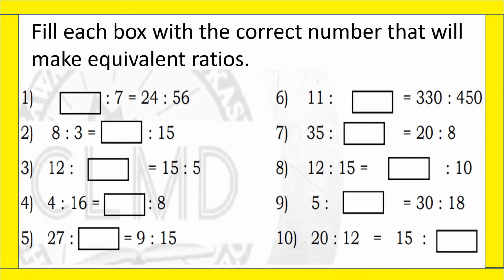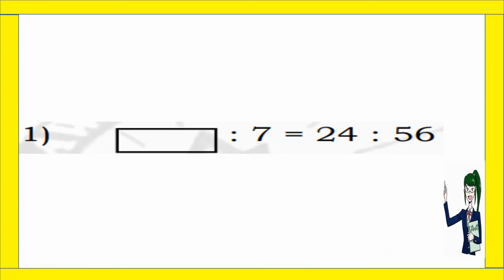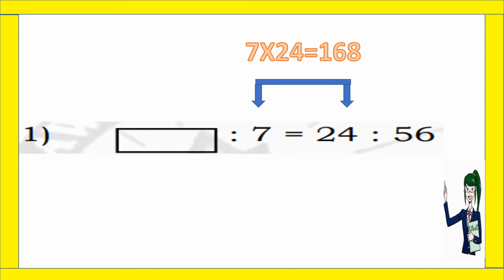Fill each box with the correct number that will make equivalent ratios. Number 1. Blank to 7 equals 24 to 56. First, identify the means and the extremes. So we are going to identify which are complete.